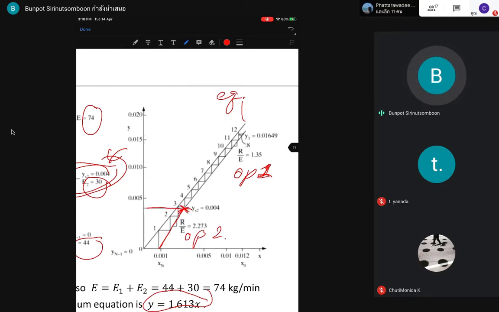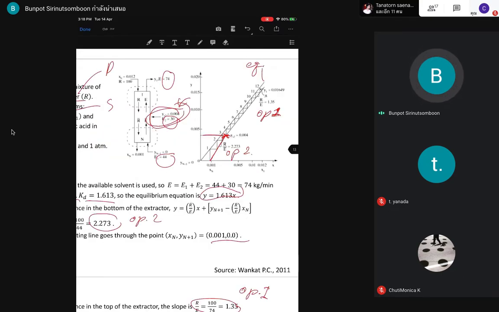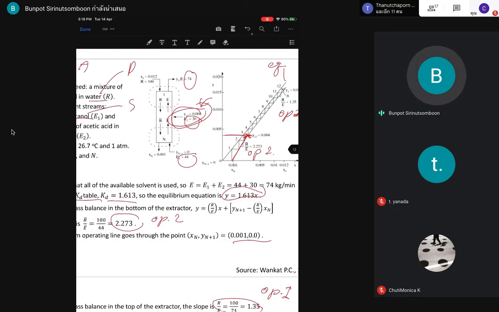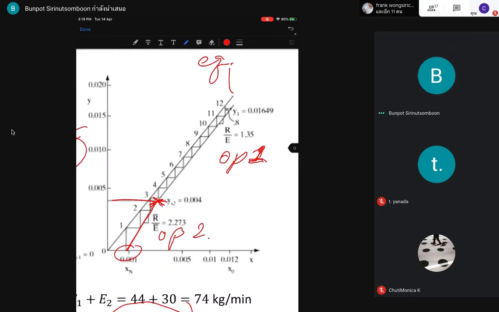We know operating line 2, right, from our work here, because we know the slope here and we know this point here. Then from this you draw operating line 2, and you draw the feed line here.